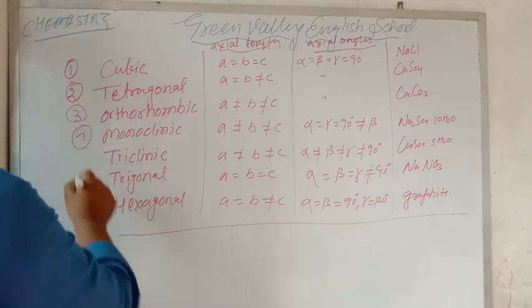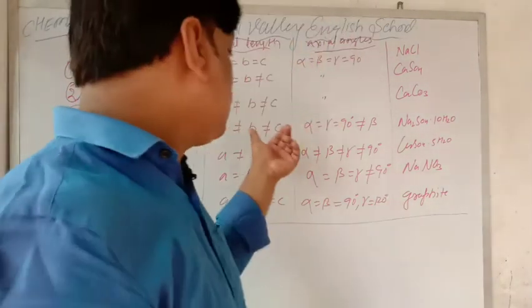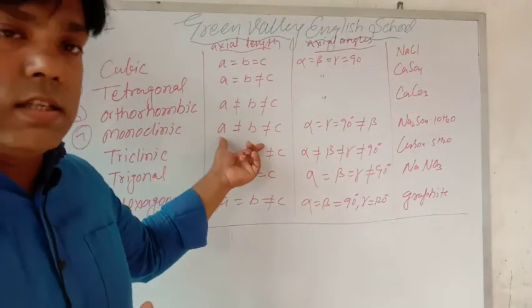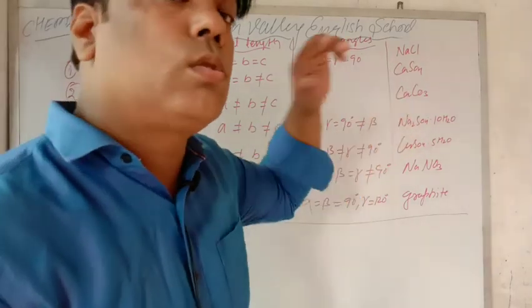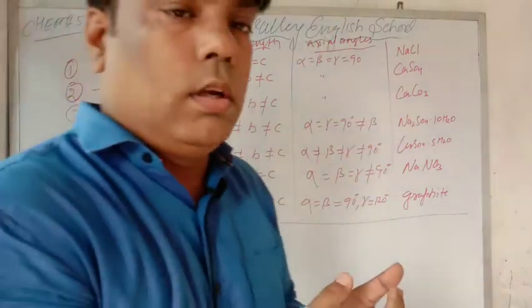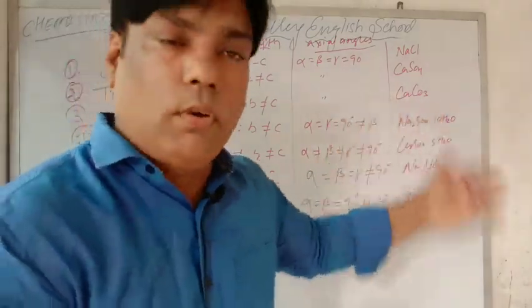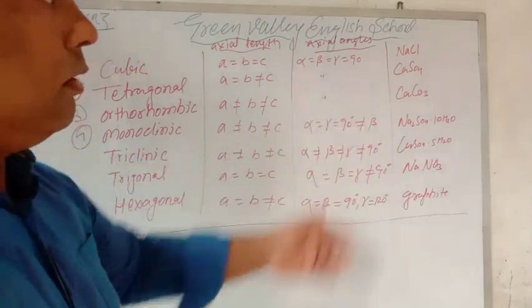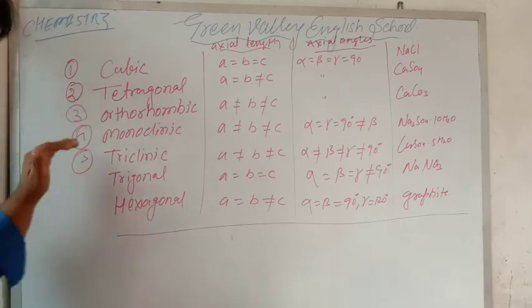The fourth one is monoclinic. Monoclinic means these 3 sides are not equal, and the angles are also not all equal. Alpha and beta are 90 degrees, but gamma is different from 90 degrees. An example is sodium sulfate decahydrate, Na2SO4.10H2O. Fifth is triclinic.